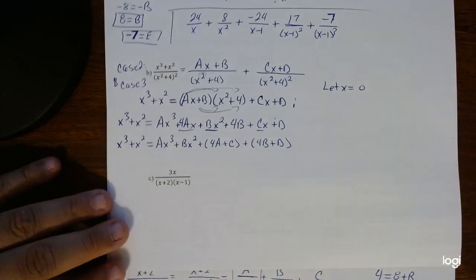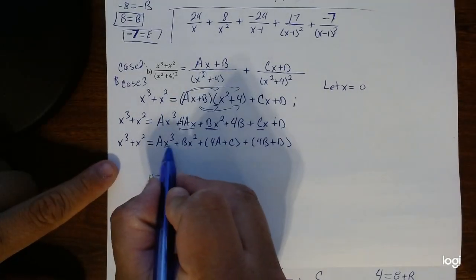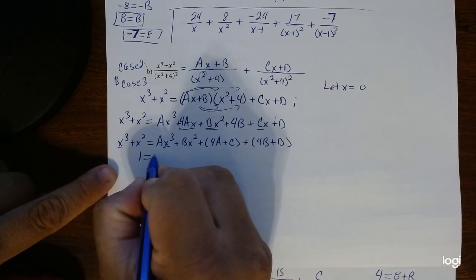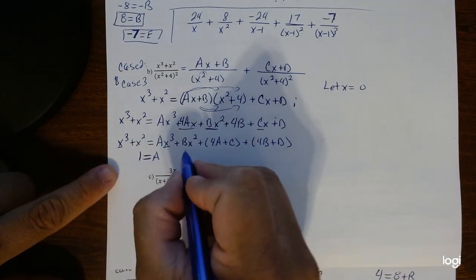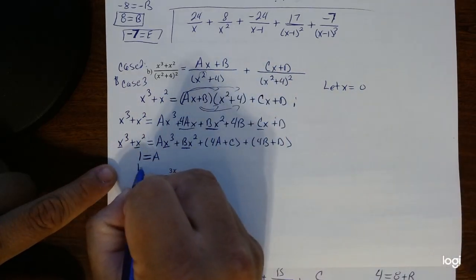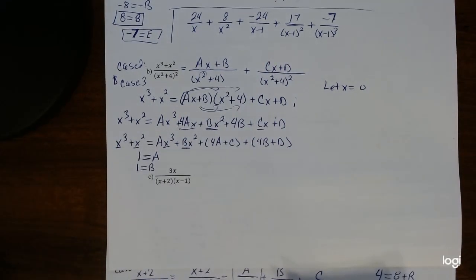Like that. Now look at that. We know, well, there's only one x to the third here, so therefore by default, 1 has to equal a. That's the only number in front of x to the third. And by default, b also must equal 1. Well, look at that. We're halfway done. We got what a and b is.